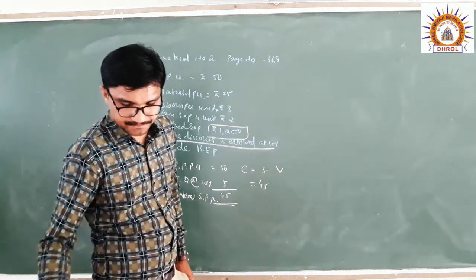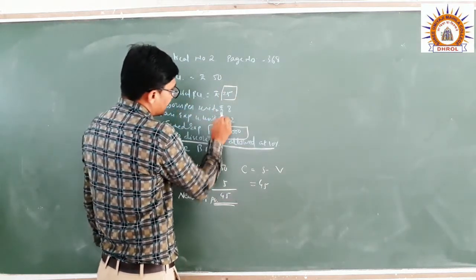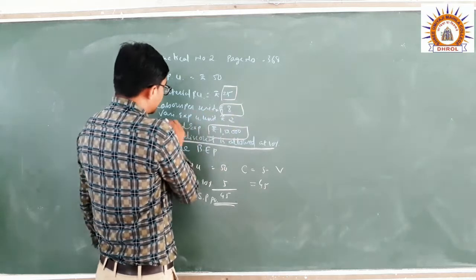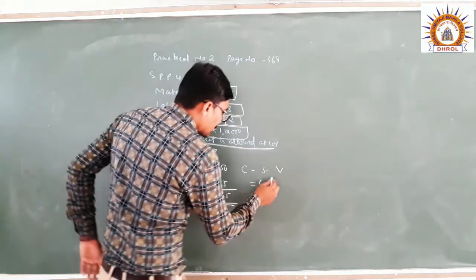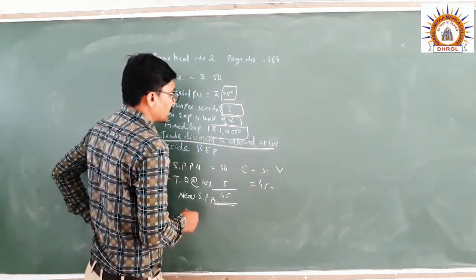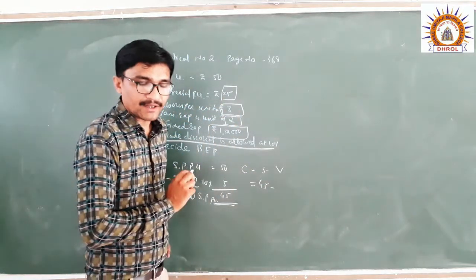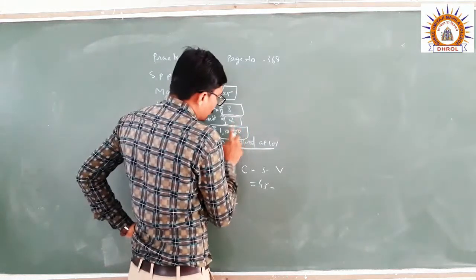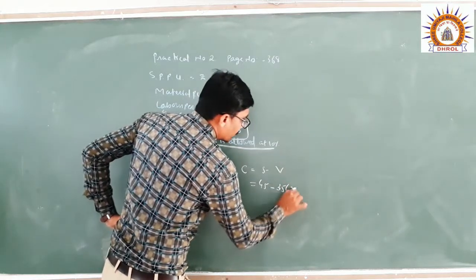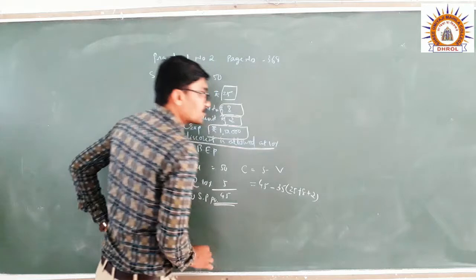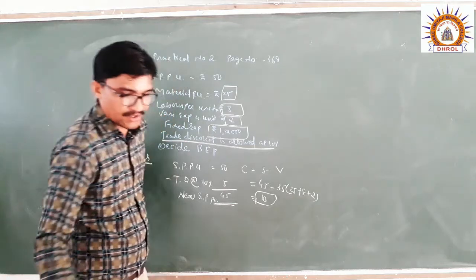Now make the total: 25 rupees material, labor per unit rupees 8, and variable expense per unit rupees 2. So the variable cost calculation is required here: 25 plus 8 is 33, and 33 plus 2 variable expense per unit is 35. So rupees 10 per unit is your contribution.